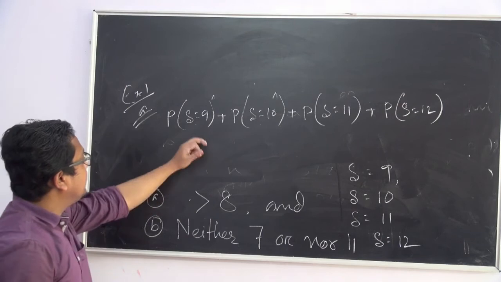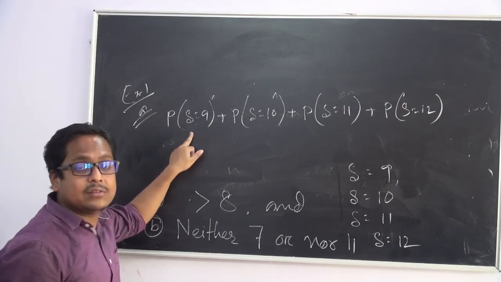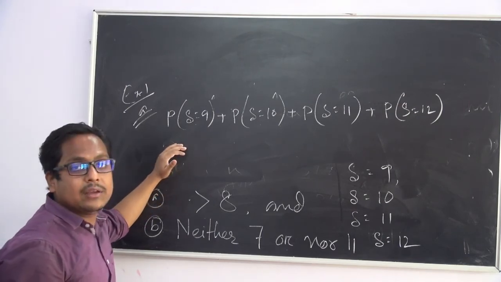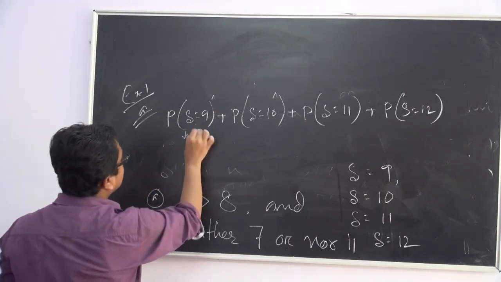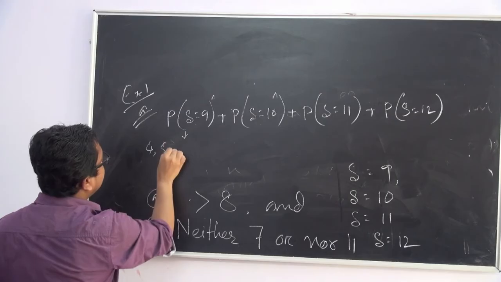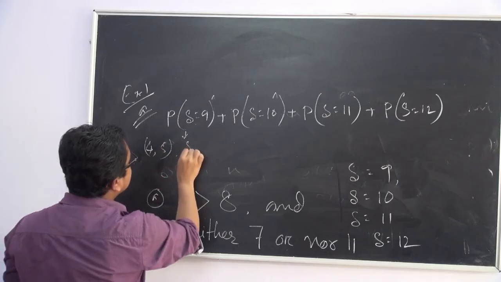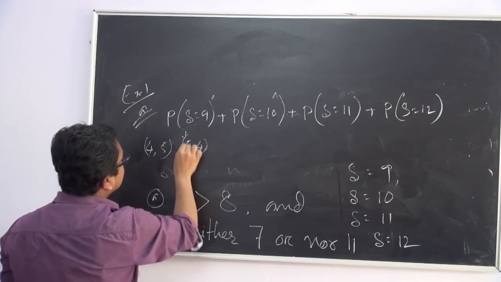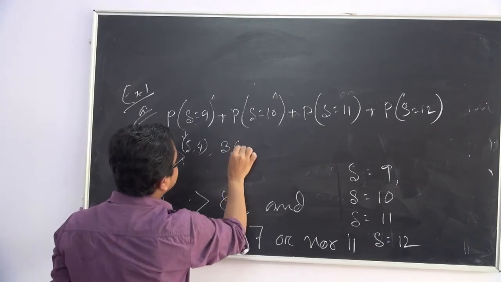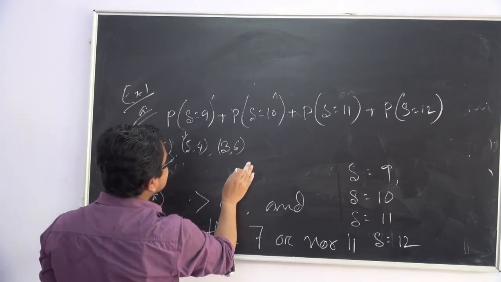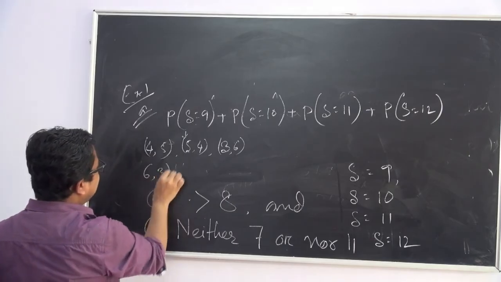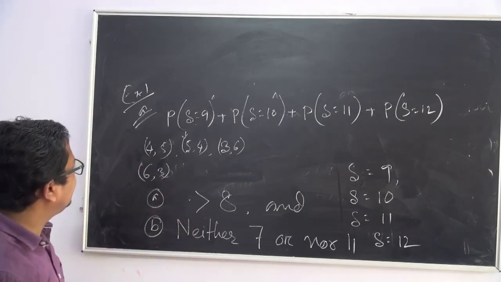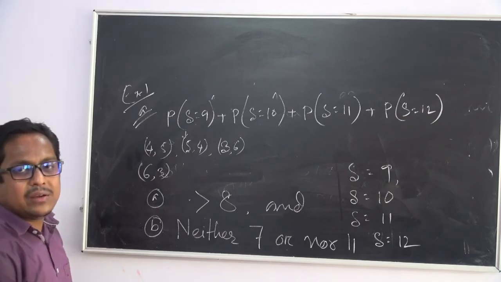Next, what are the favorable cases for getting S is equal to 9? This may be 4 5, 5 4, 3 6, 6 3. These 4 only.